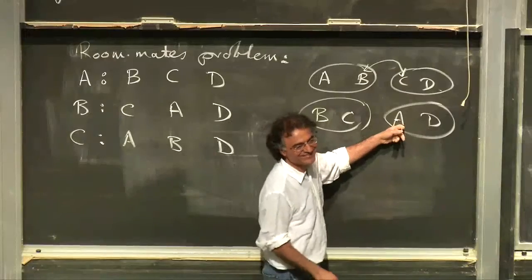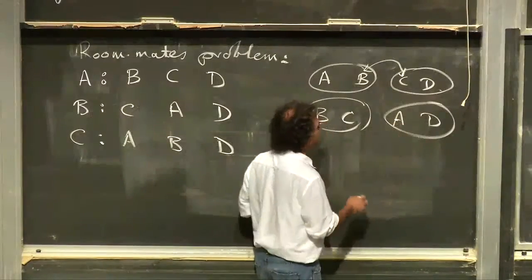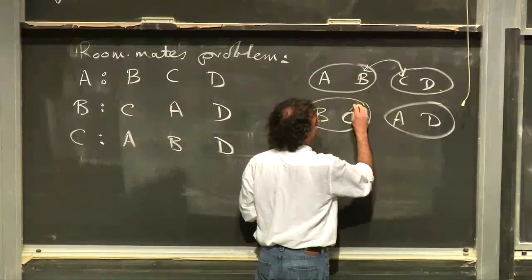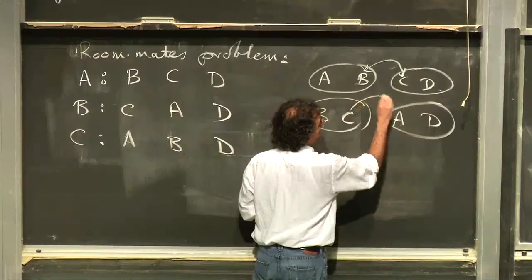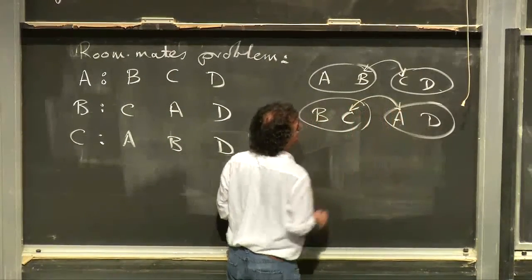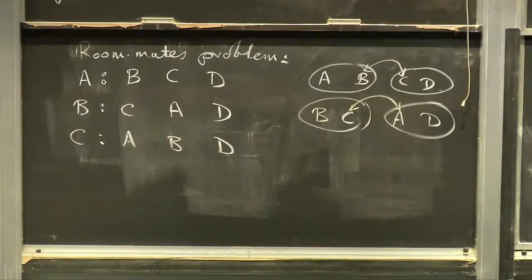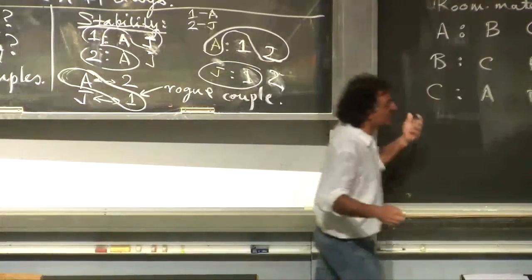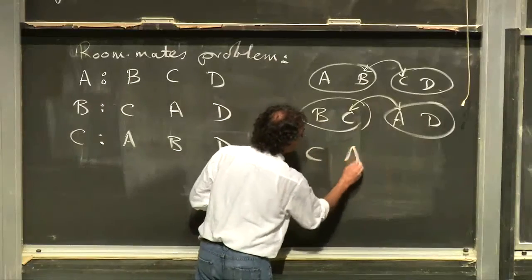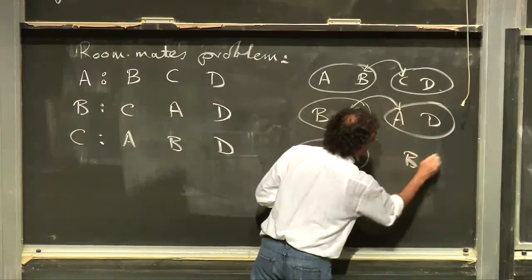And A's opinion is clear: A just wants anything to get out of that particular room. So you have a rogue couple, C and A. Let's improve the situation by putting C and A together. And now we have B and D.